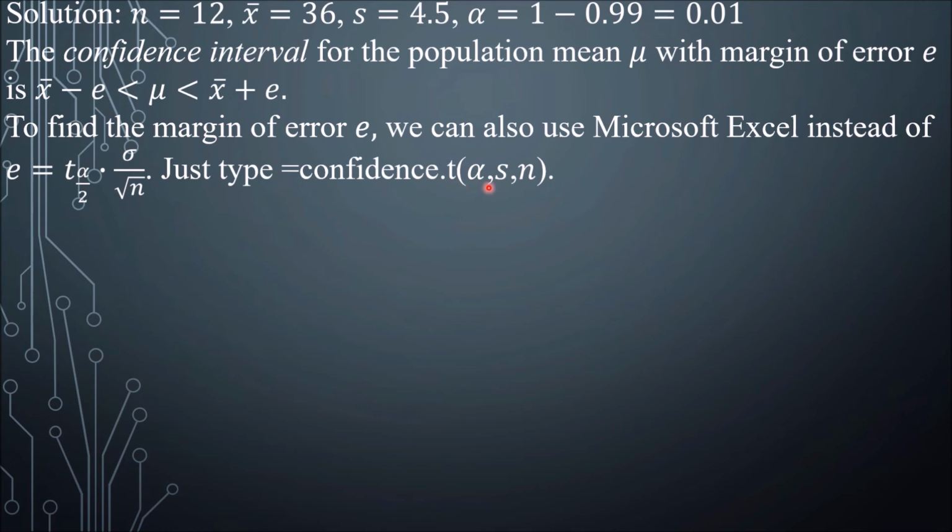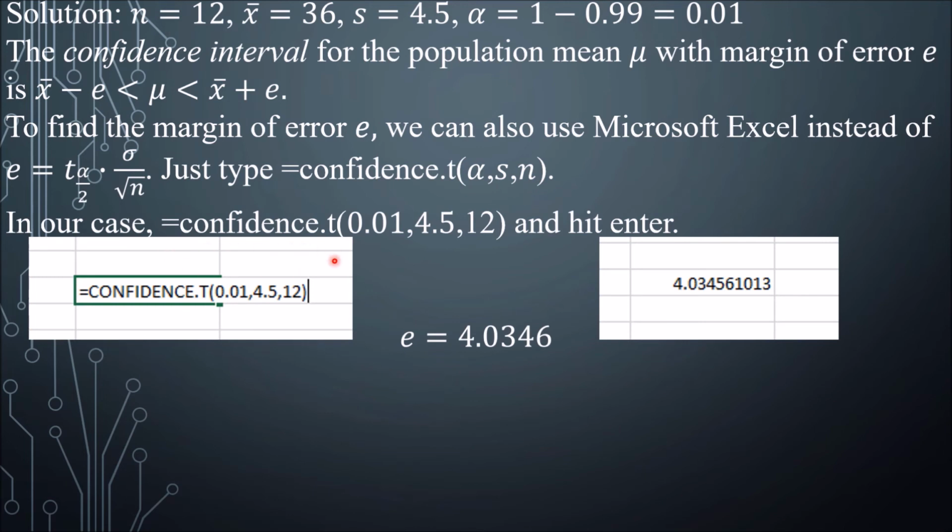CONFIDENCE.T, alpha, sample standard deviation, and then number of samples. In our case, we have 0.01, comma 4.5, and then comma 12. And hit enter. As a result, we have margin of error is equal to 4.0346.